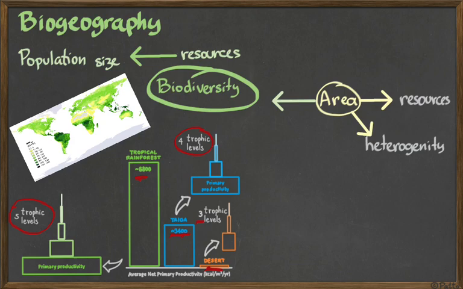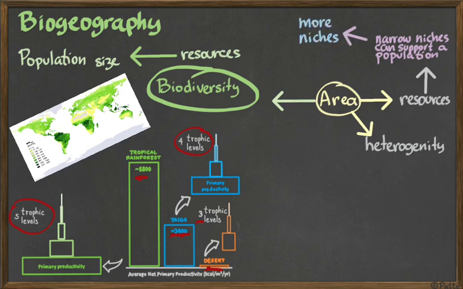Okay, so how are the resources going to be influencing the biodiversity? With more resources, you can have narrower niches, still supporting a population. So you can have more species living together, narrowing their niches, having a smaller realized niche, but still with resources enough to maintain a population. So that means you're going to have more niches, more species.